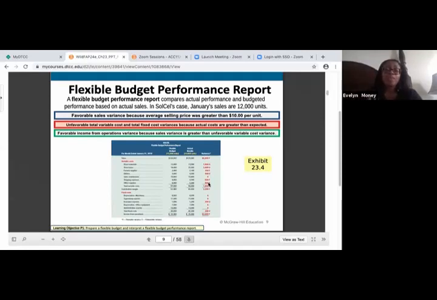But let's look at it from an expense standpoint. When a variance is unfavorable, I spent more than what I planned to spend. When a variance is favorable, I spent less than what I planned to spend. So all these U's and all these F's just mean favorable and unfavorable.